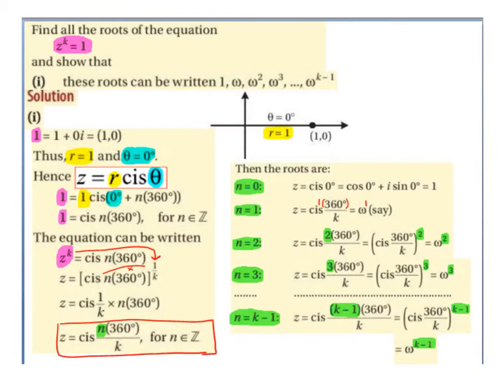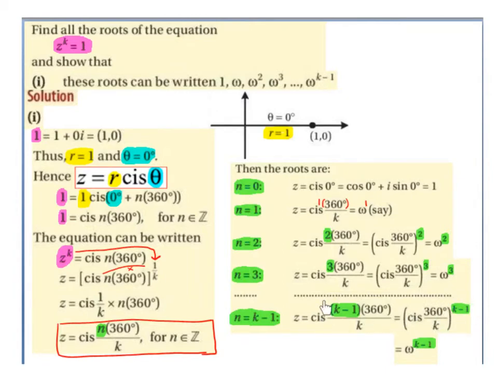And lastly, we want to show that the roots can be written as w to the power of k minus 1. So if n is equal to k minus 1, we multiply k minus 1 by 360 degrees. So we get z equals cis ((k minus 1) times 360 degrees over k), which is going to give us (cis 360 degrees over k) to the power of k minus 1.